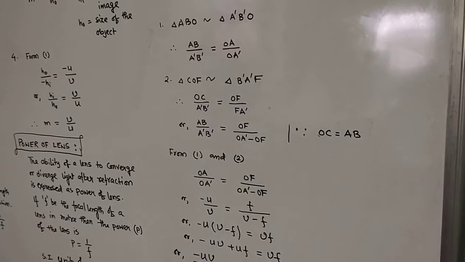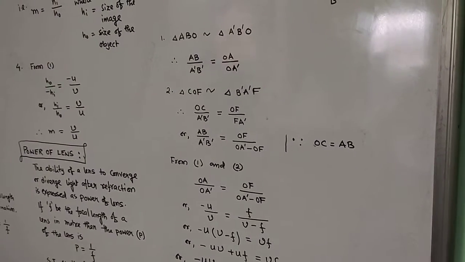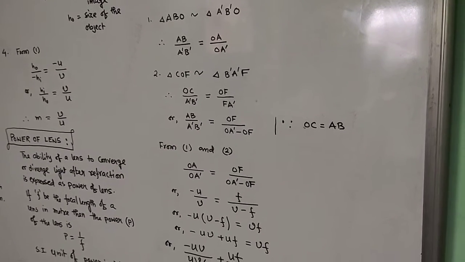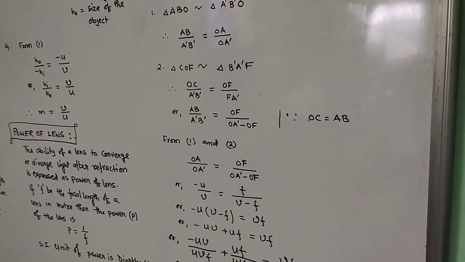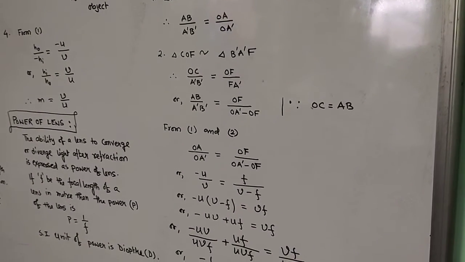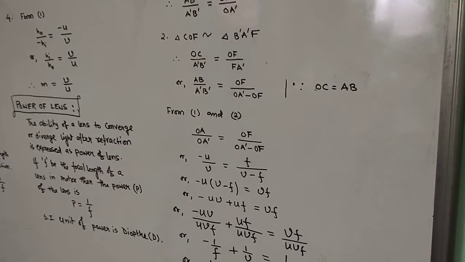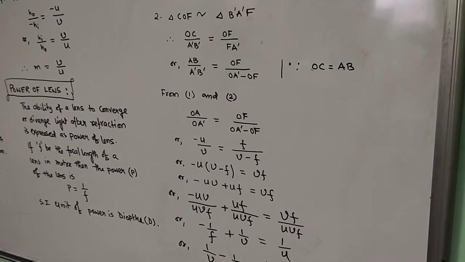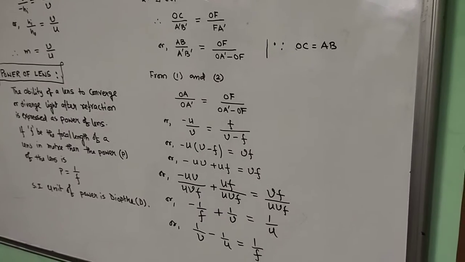If you substitute, minus u by v equals f by (v minus f). Simplifying by cross multiplication, minus uv plus uf equals vf. Now divide this expression throughout by uvf. Then it is minus 1 by f plus 1 by v equals 1 by u.